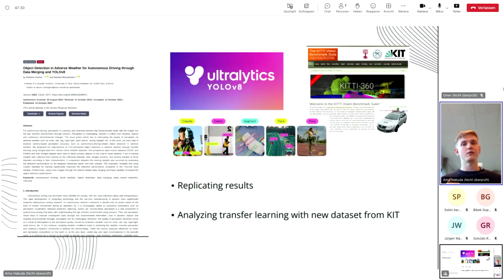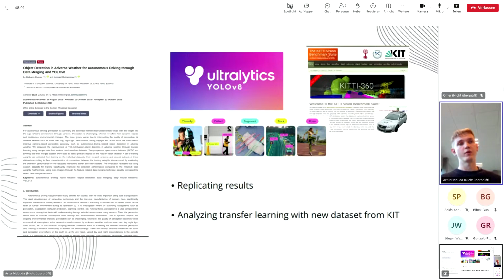We analyzed it. We studied it. And later, my colleague Omer is going to walk you through some of the interesting results we got. But after doing this study, we went further into exploring this area, and we took a dataset which is pretty popular called KITTI from the KIT University, based also in Karlsruhe.